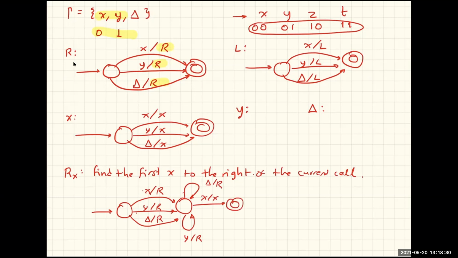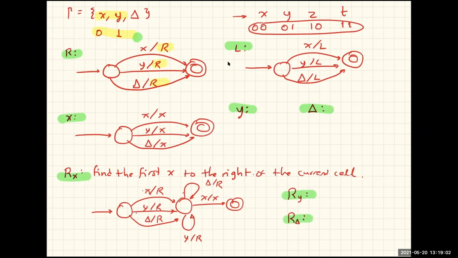With this example, you can also find the first Y to the right of the current cell, and also find the first blank space to the right of the current cell. So you see, we have several basic machines: R, L, X, Y, the blank symbol, find the first X to the right of the current cell, find the first Y.